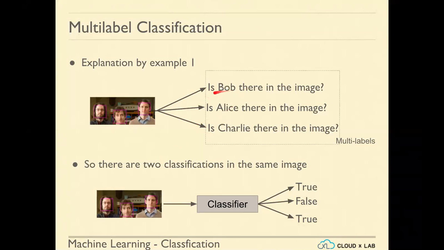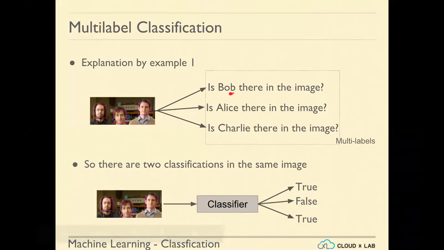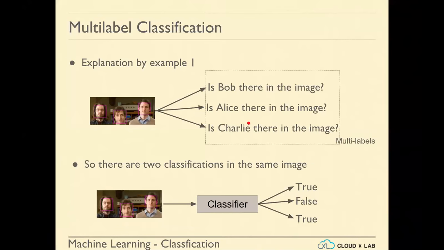For each of them we are trying to identify the person. So using a classifier, we want to identify the multiple labels. There could be one, two, or more such classifications.